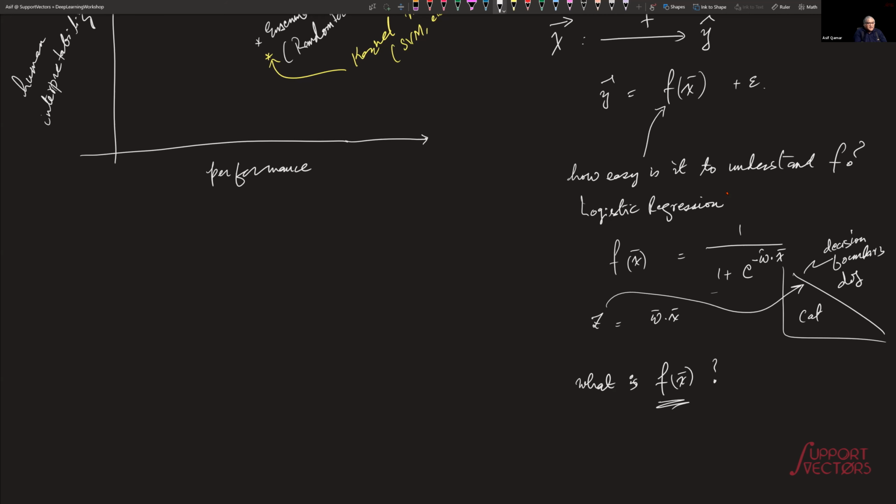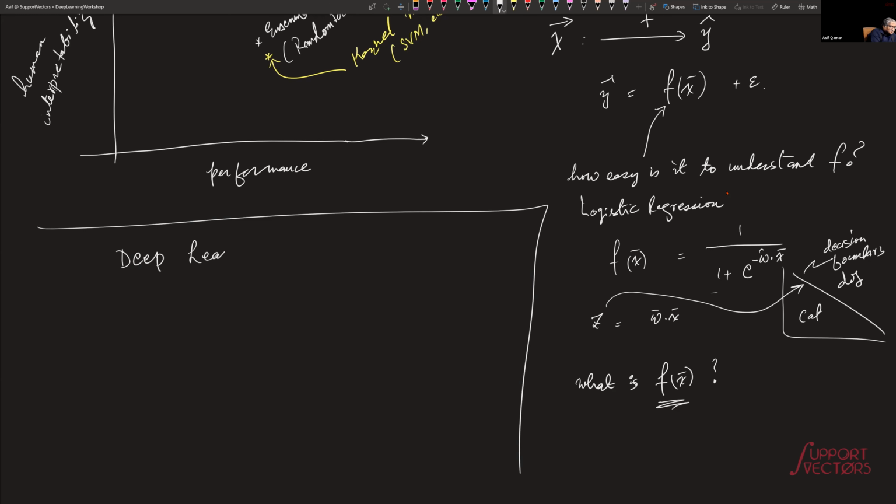So as you move to deep learning, the situation becomes even worse. Suppose you have a deep learning model. Whatever input goes in here goes through, let's say, arbitrarily many nodes.